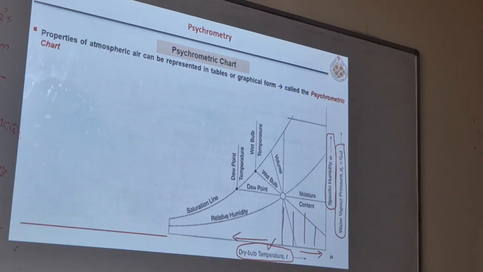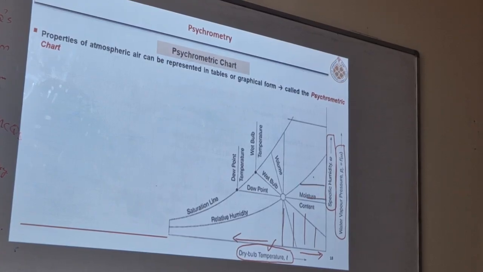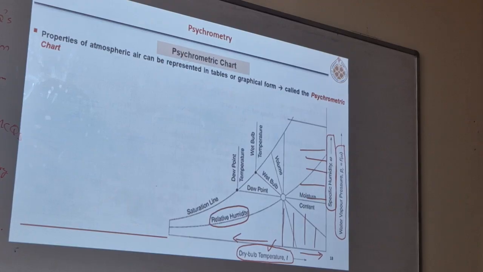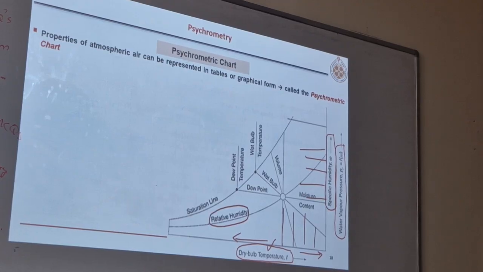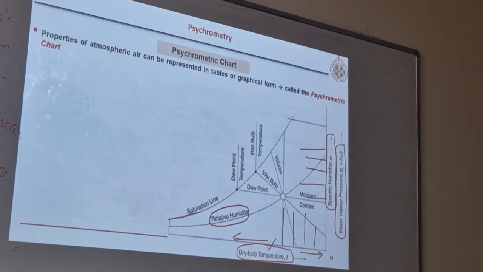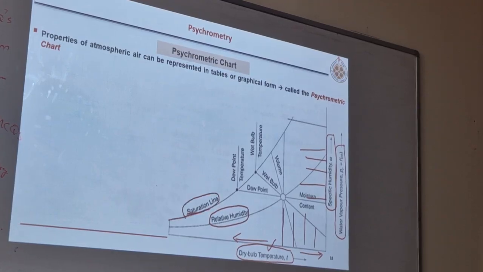The horizontal lines are representing specific humidity. Now the other lines, here is the relative humidity. Relative humidity varies from 0 to 100%. So here this is representing saturation. Saturation means 100% relative humidity.